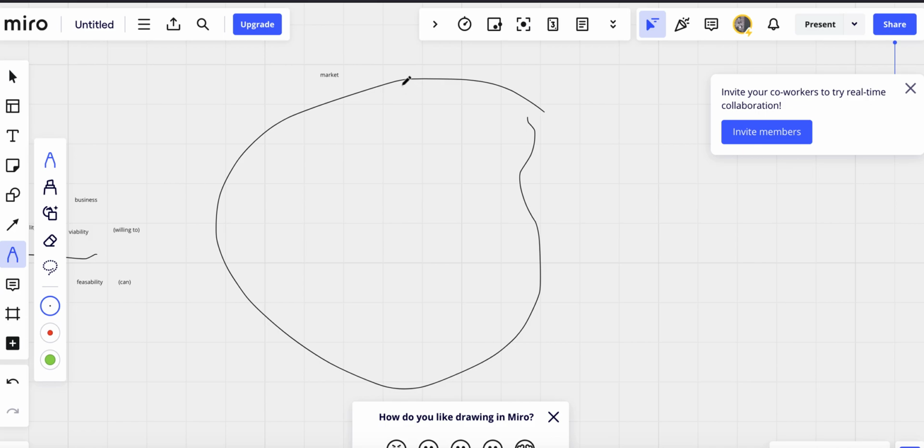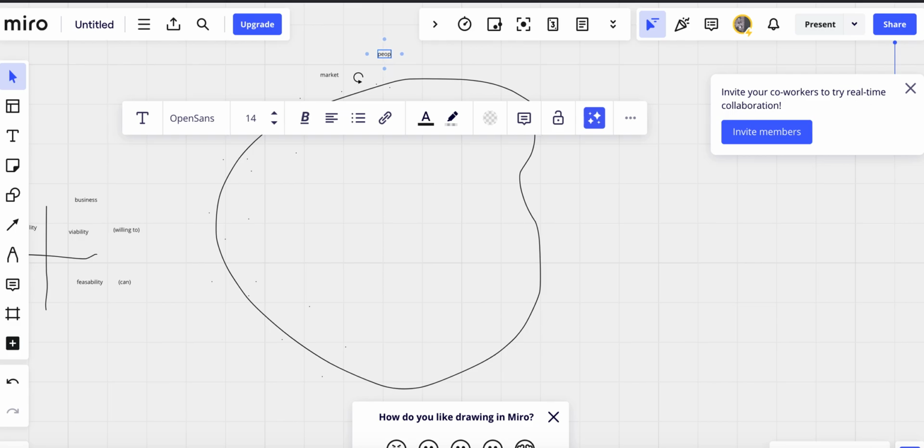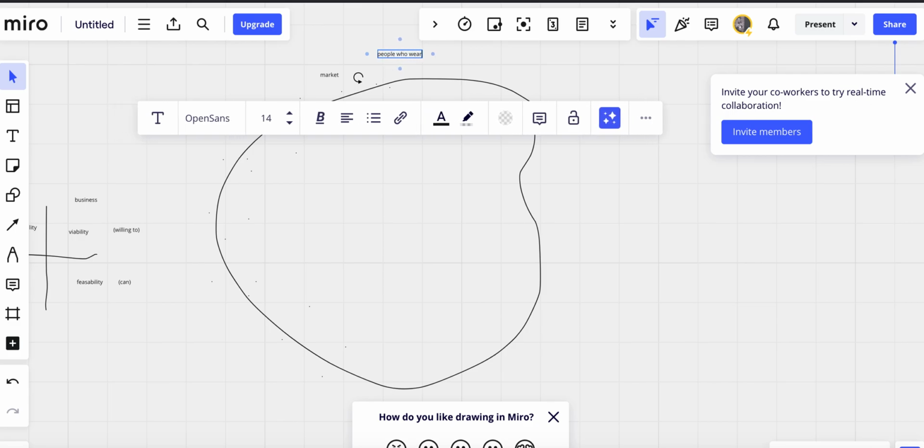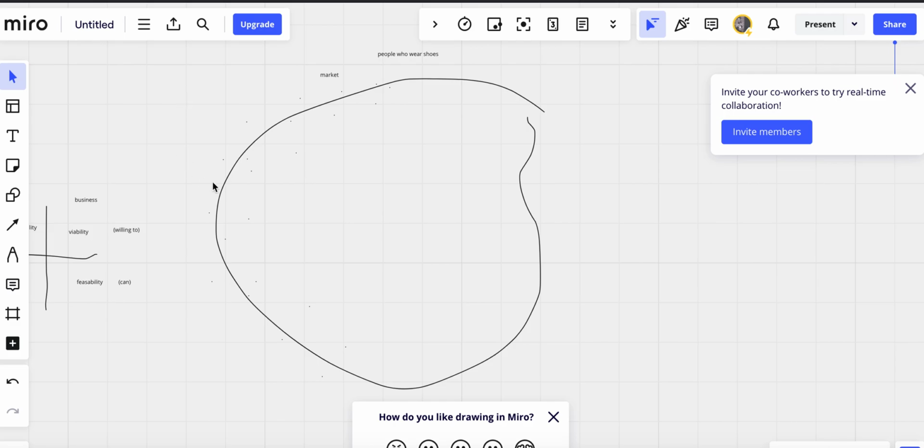It's not a direct market, and it also has some permeability. So we could have points that are inside and outside of what we might consider to be the main market. So it's complex, and these are people who, let's put a definition up here, people who wear shoes. And it's not all inclusive of all people because not all people wear shoes.